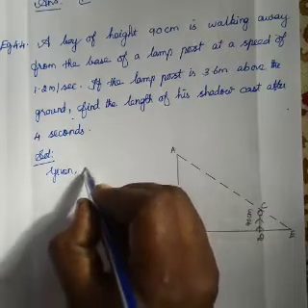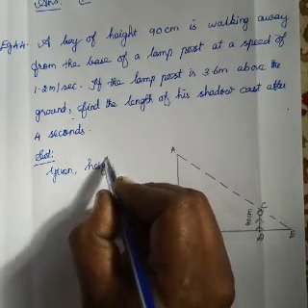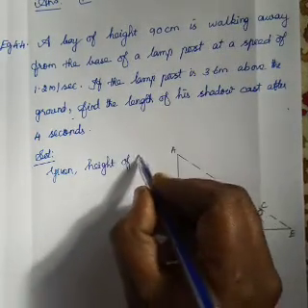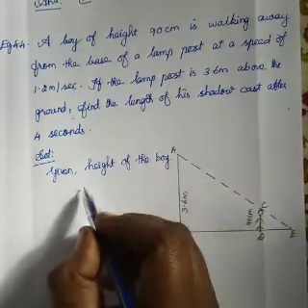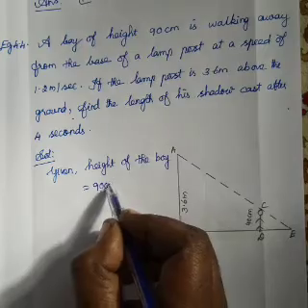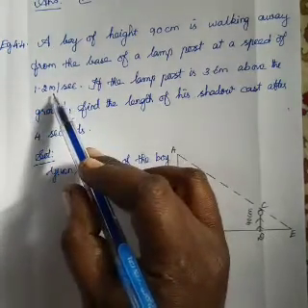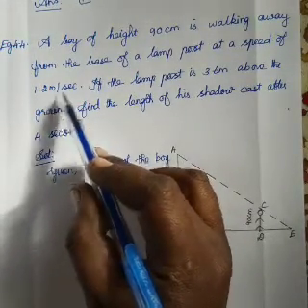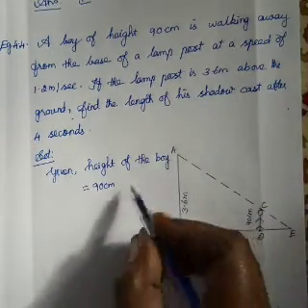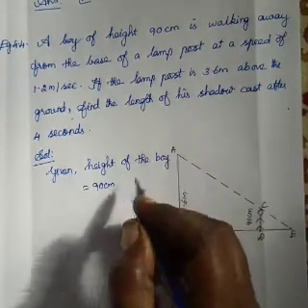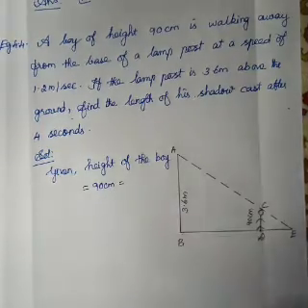Height of the boy is equal to 90 centimeter, but the speed is given in meter per second and the lamppost height is given in meter. So we can change this 90 centimeter also into meter.